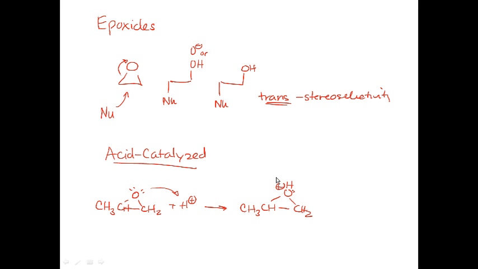And what happens here is we draw the intermediate more like a bromonium ion, because the oxygen isn't particularly happy with the plus charge.